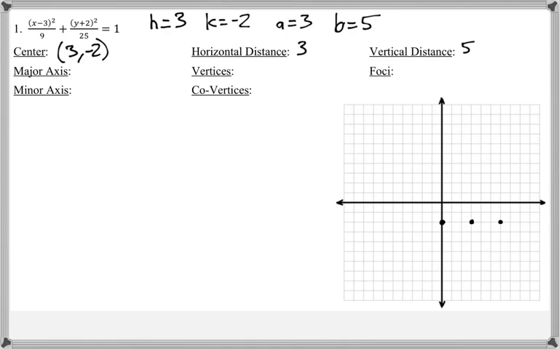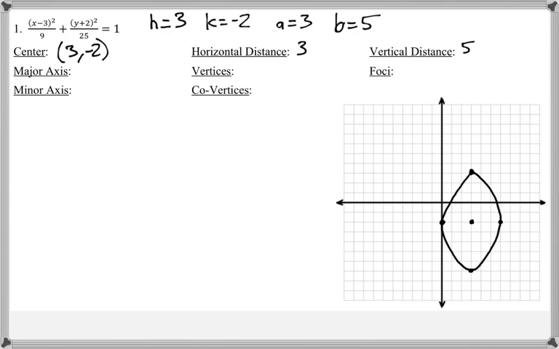So from the center I'm going to go up 5 and then down 5. And I'm going to draw this. So the longer length is the vertical length. So that means that that is the major axis.